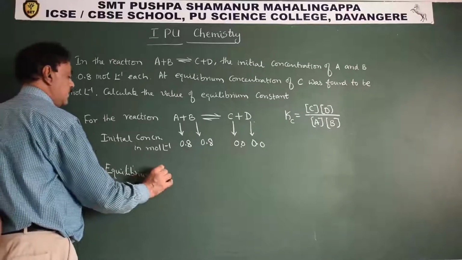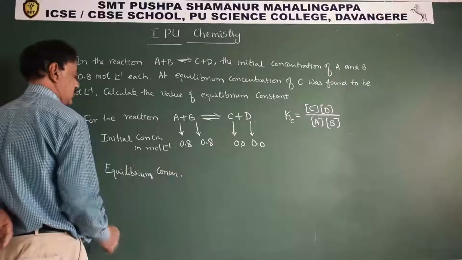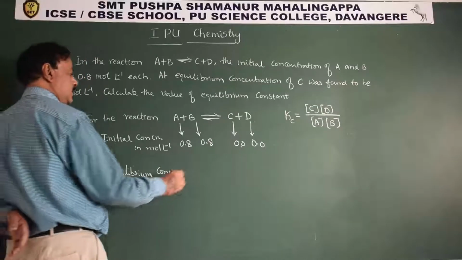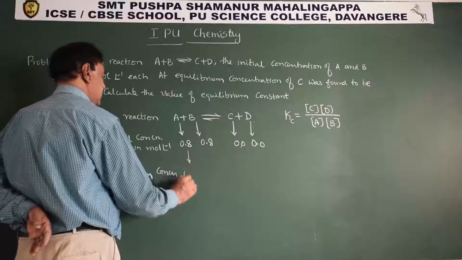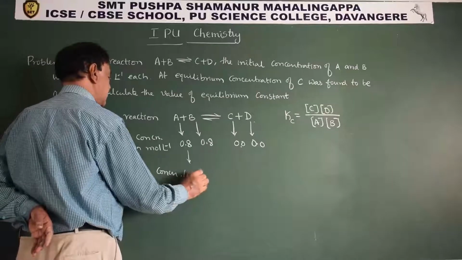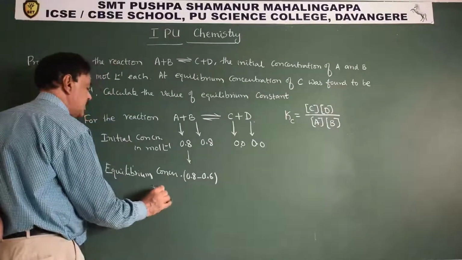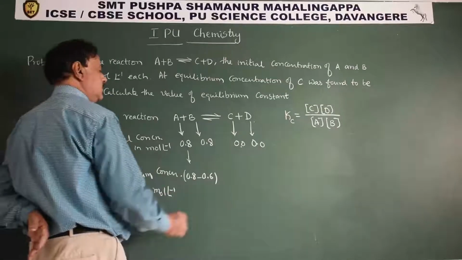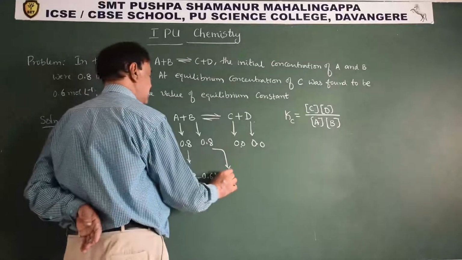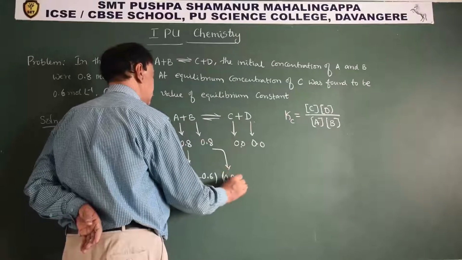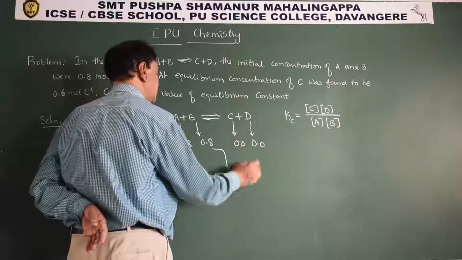Equilibrium concentration of A is 0.8 initial and 0.6 is consumed, in moles per liter. B is also 0.8 initial and 0.6 is consumed.